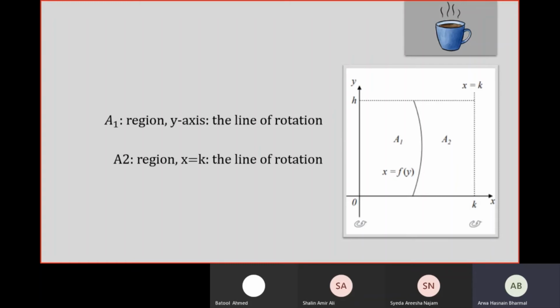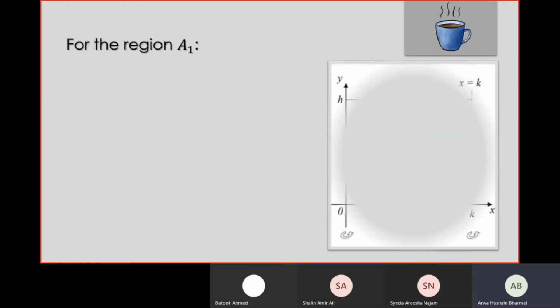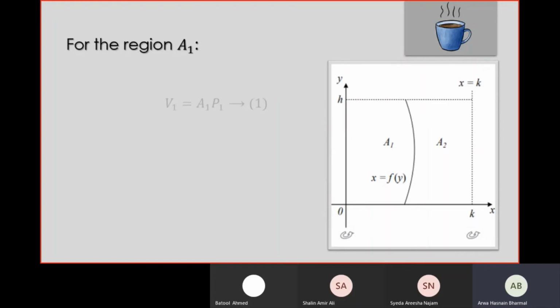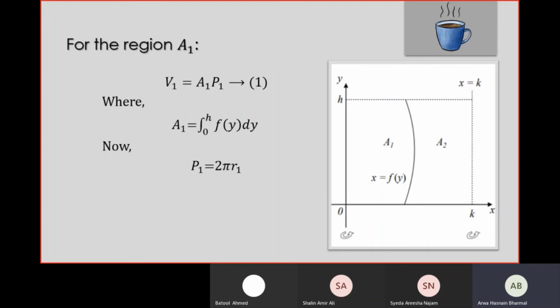So let's apply Pappus' theorem on the first region A1. Here we can see that from the Pappus' theorem it is V1 equals A1 into P1. A1 is simply the area under the curve given by the integral of f(y), and P1 is equal to the circumference, which is 2 pi r1.